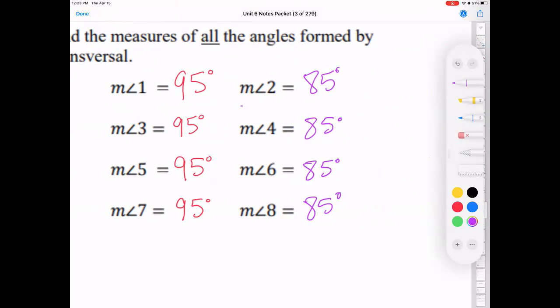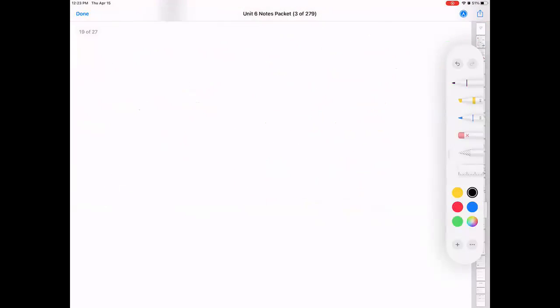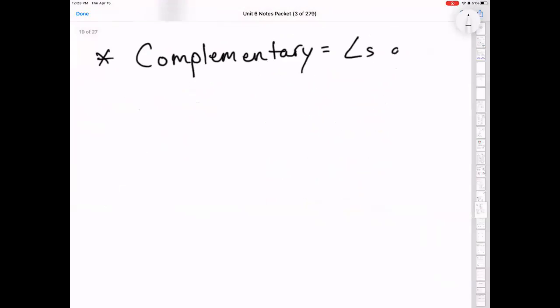Now, final part. We have seen supplementary. We're going to create a small list. So put this at the bottom of your paper. You have complementary, and we know that that is angles that add to 90 degrees.